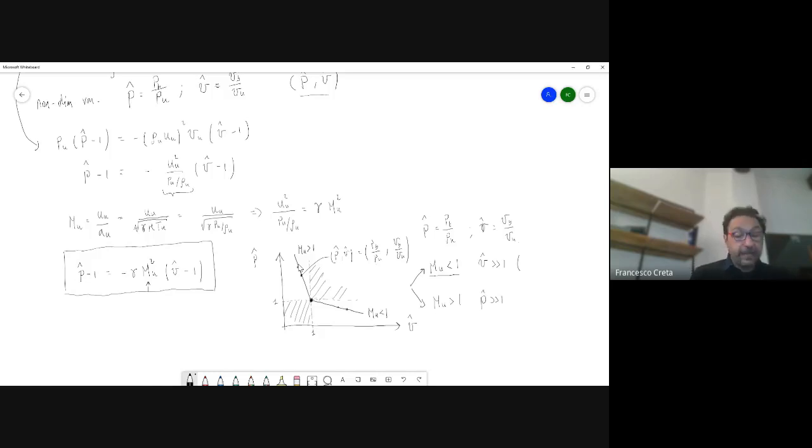solutions, it seems like we have essentially a dramatic decrease of density. Remember the definition of V hat is VB over VU, so it's rho U over rho B. And we can assume very roughly that the pressures are more or less the same.